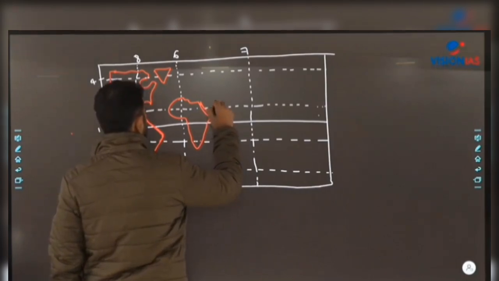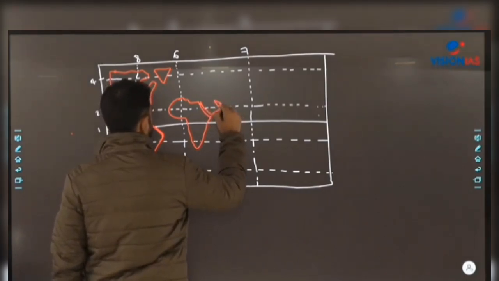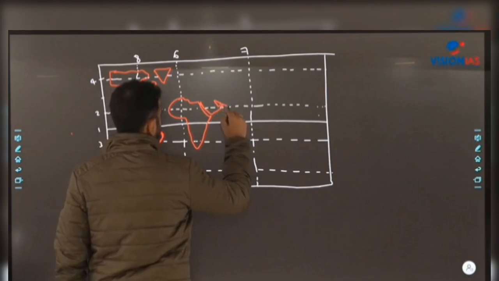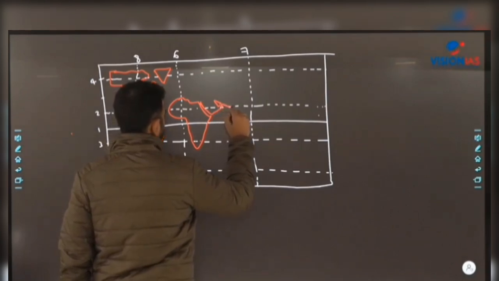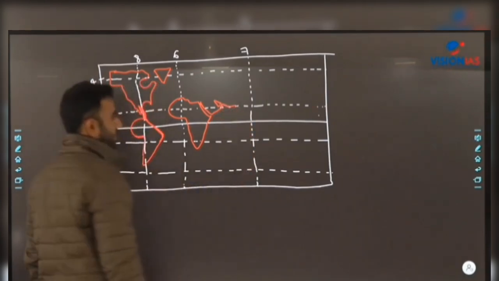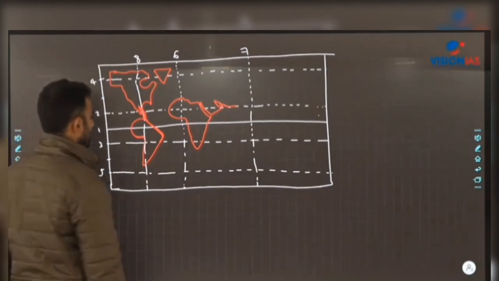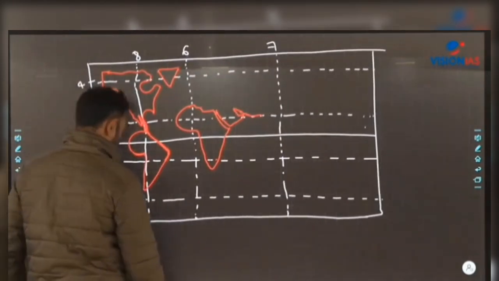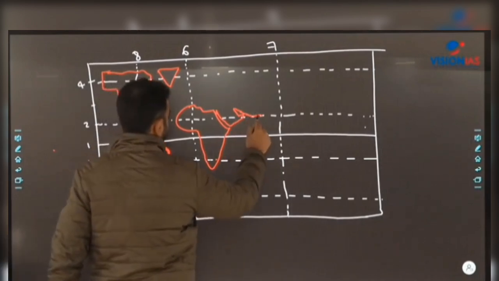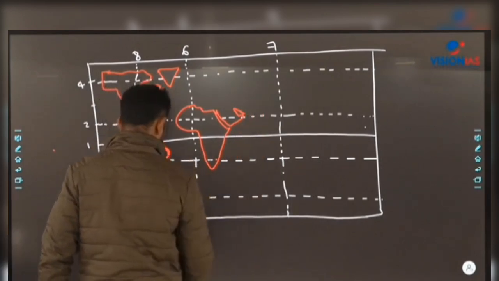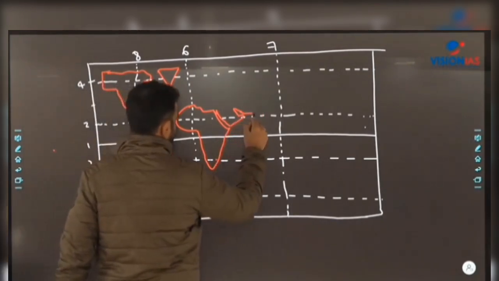Then we have the Persian Gulf, and then Iran and then Pakistan. Remember, Iran and Pakistan do not touch the Tropic of Cancer. They are just above the Tropic of Cancer.